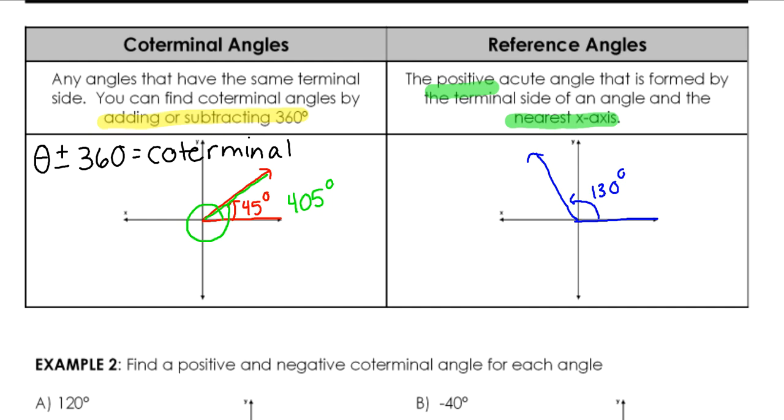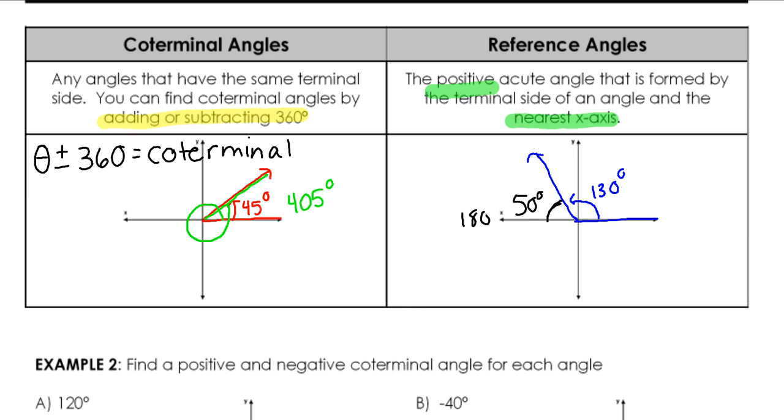However, the closest or the nearest x-axis is from there over to the other side of the x-axis. So in this case, the reference angle is how much further it would go from 130 to get to that next axis at 180. So that would be a 50-degree reference angle. It would take another 50 to get to the closest x-axis.